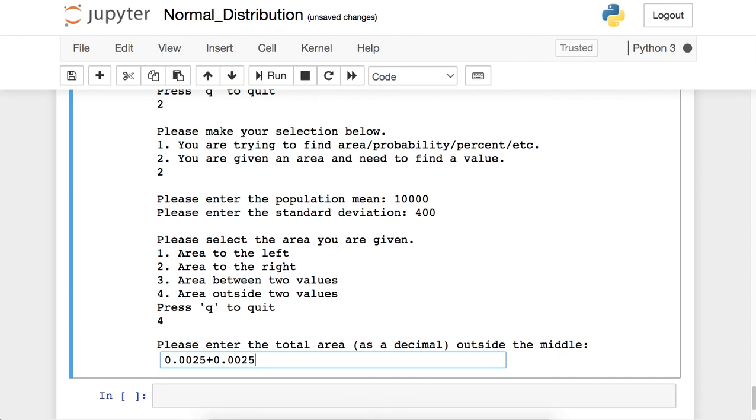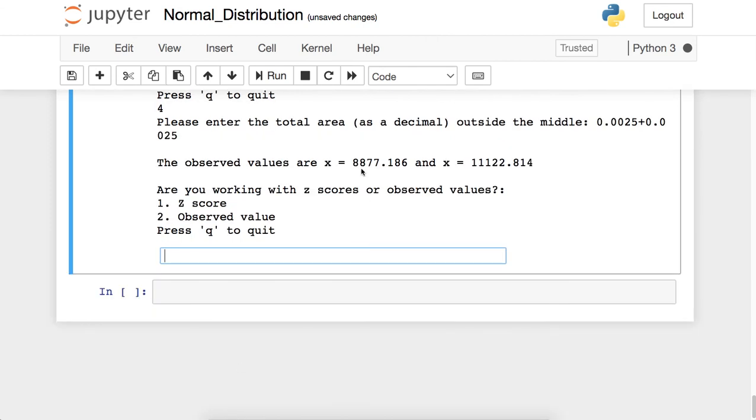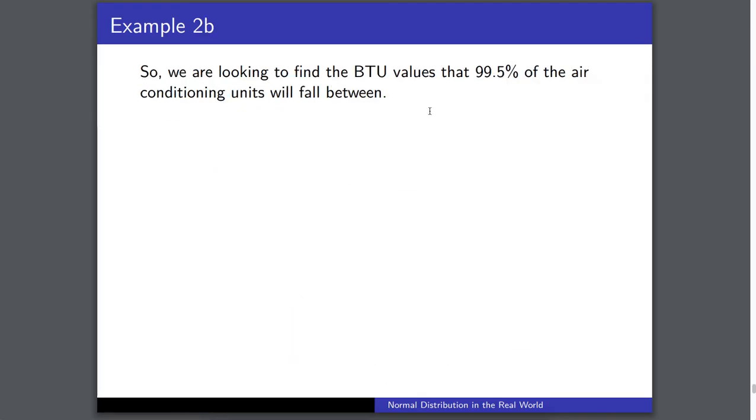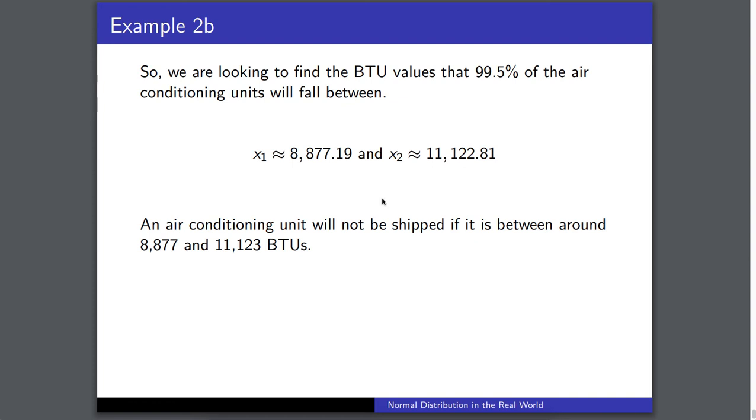This will automatically evaluate as 0.005 and give us our answer, which in this case is 8,877 and about 11,122. So an air conditioning unit will not be shipped if it falls outside, not between, outside, sorry about that typo here, the values of 8,877 and 11,123 BTUs.